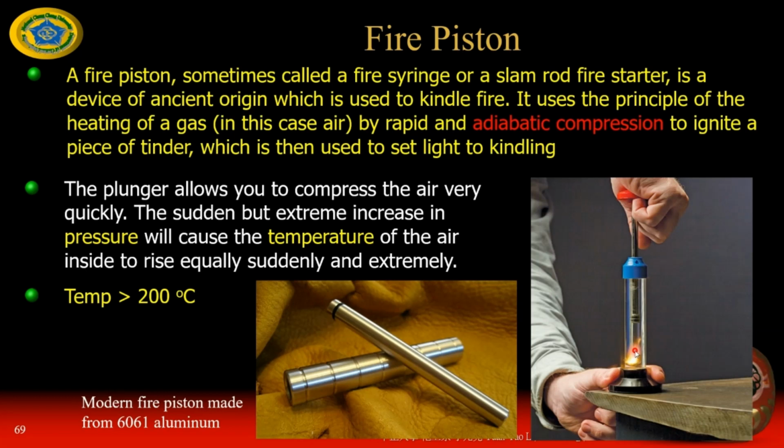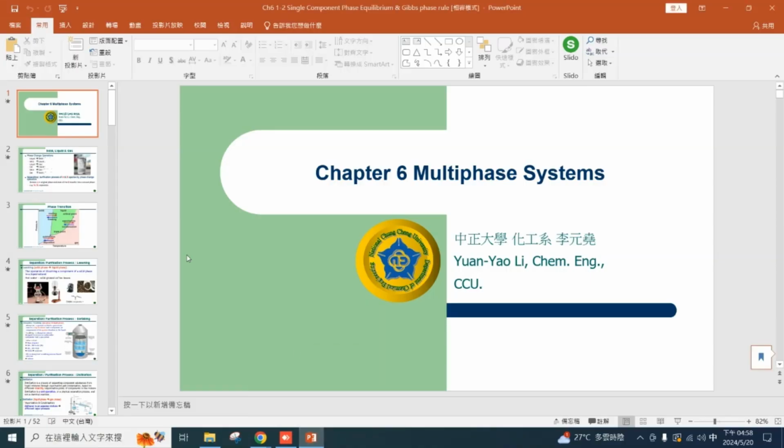Because the gas is compressed and generates a very high temperature, which can reach more than 200 Celsius, this ignites the fire. That's why something burns in the piston. When you have a barbecue or go camping in the forest, you can use this tool to get fire. Of course, now you don't use this. Anyway, what I want to say is: if you follow the ideal gas equation of state, this never happens.